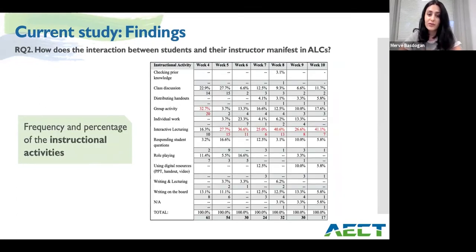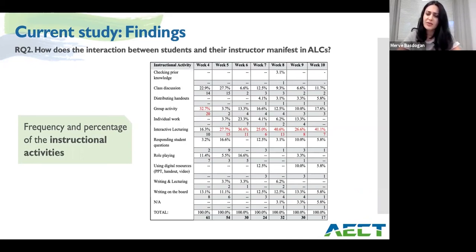We look at the instructional activities like checking prior knowledge, group activity, distributing handouts, discussions, etc. Among all these categories, interactive lecturing, which is a conversation style shaped by students' responses, was the most prevalent activity in all weeks.